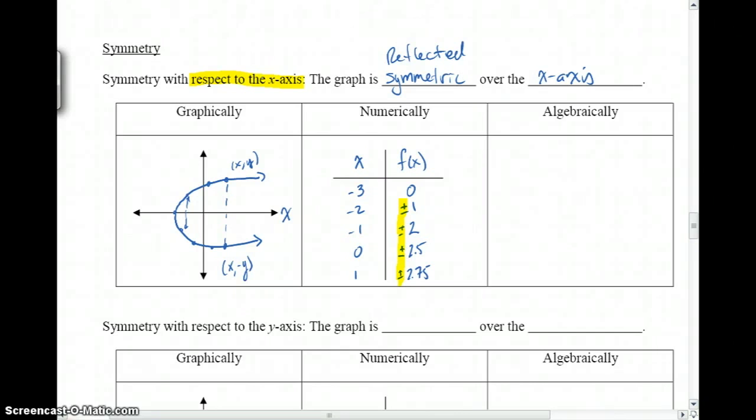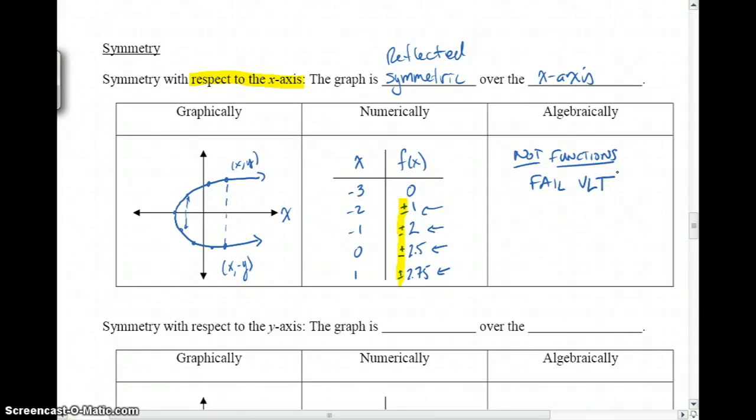We see that each x value has two function values. So what we see here is that these are not functions. They fail the vertical line test.